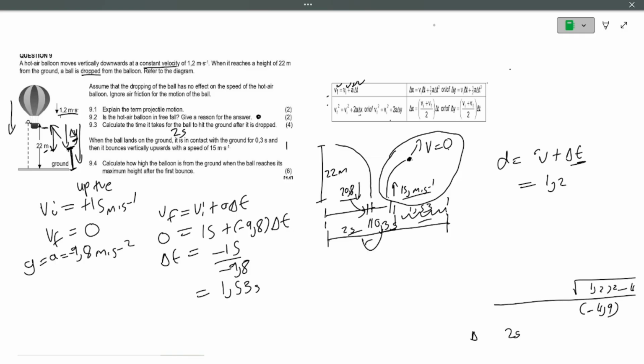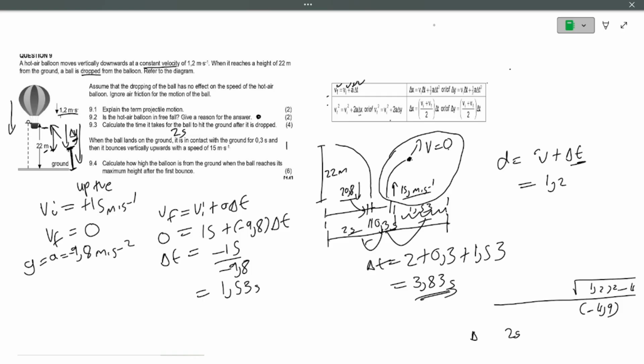Now we have to add these 3 changes of time so that we can get the total time the ball was moving until it reaches the maximum height. The change in time equals 2 plus 0.3 plus 1.53, and we get 3.83 seconds.